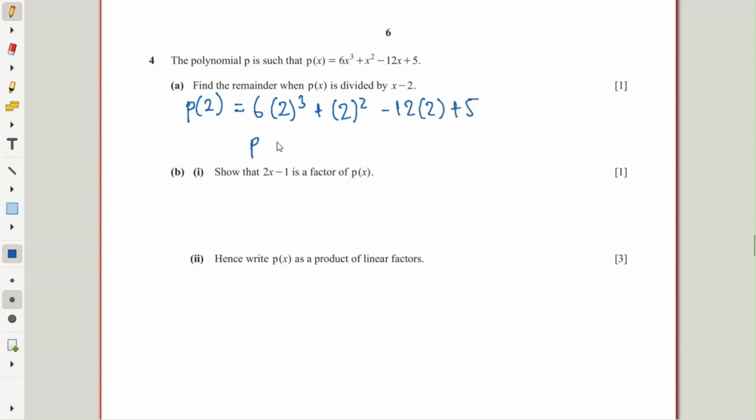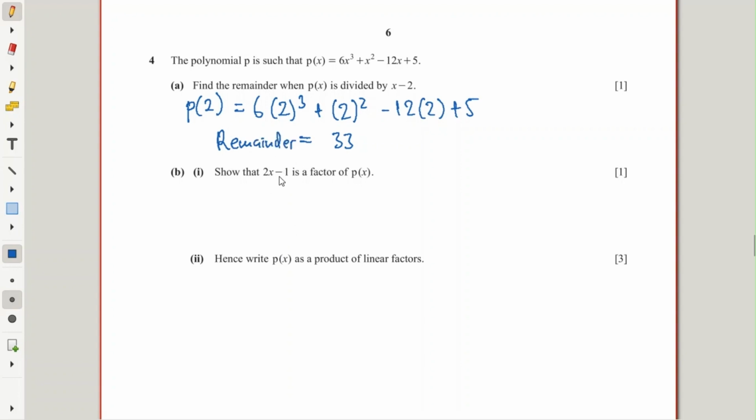I am baffled when some student gets 0, because you should be able to score this, right? So your remainder is what? Your remainder is 33. And this is from the remainder theorem.